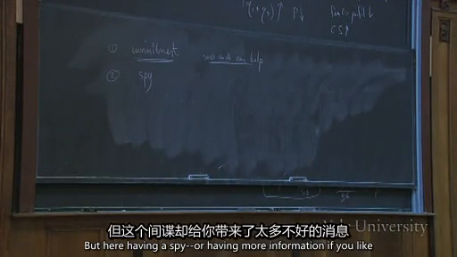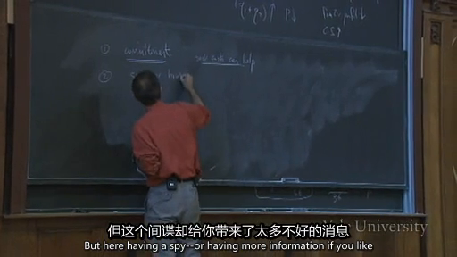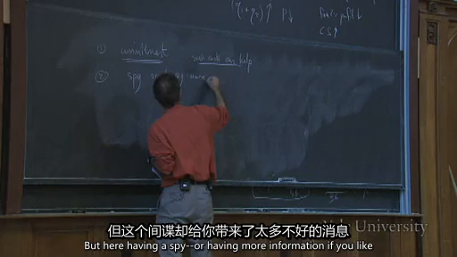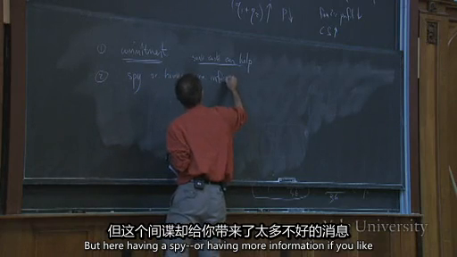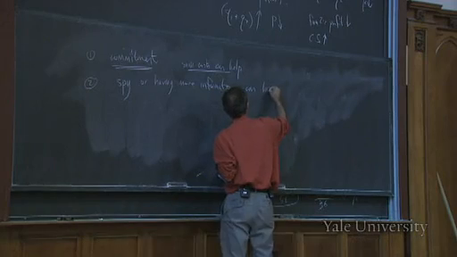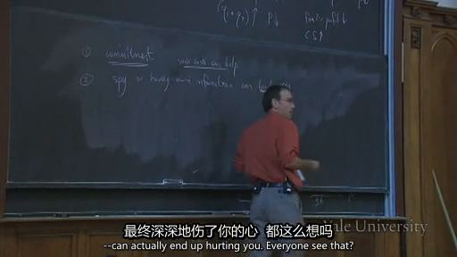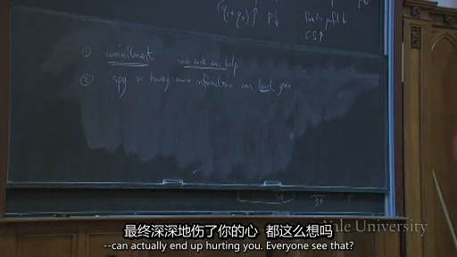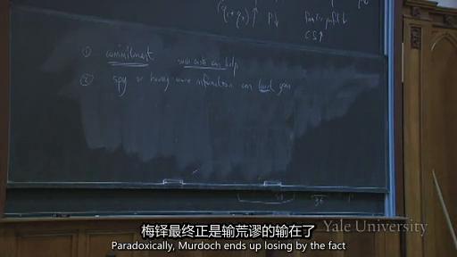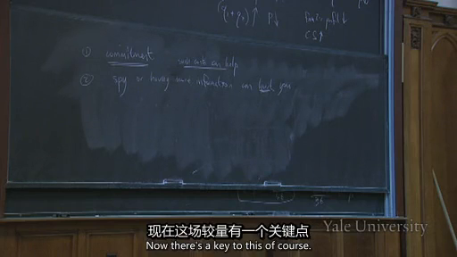But here, having a spy, or having more information, if you like, having more information can actually end up hurting you. Right, everyone see that? Paradoxically, Murdoch ends up losing by the fact that he was able to predict what NBC were going to do. Now, there's a key to this, of course.